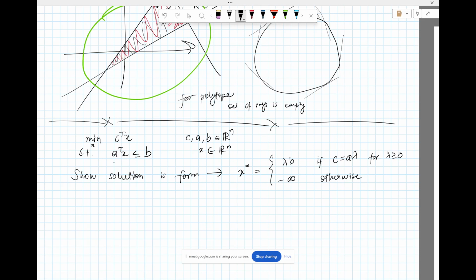So we have only one inequality, so this is a half space basically, whereas the solution is of this form. So what does it mean?